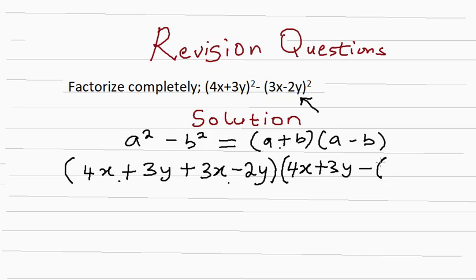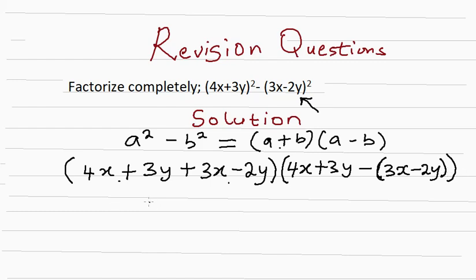Because there's a minus in front of b, you have to open a bracket so that when you simplify it, you will not make a mistake. So that's going to be 3x minus 2y. Close this bracket and close the larger bracket.